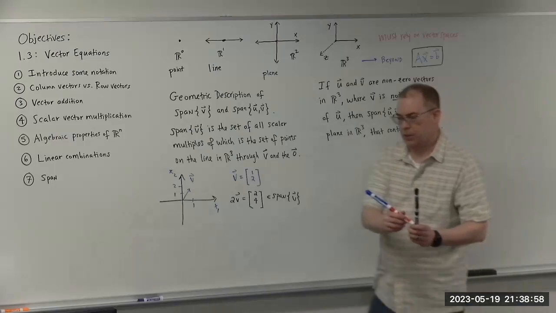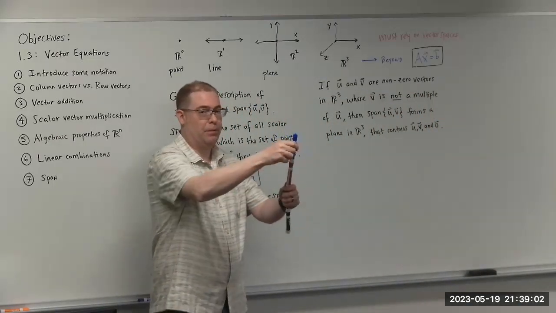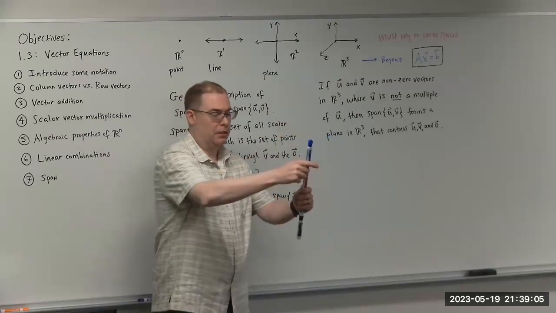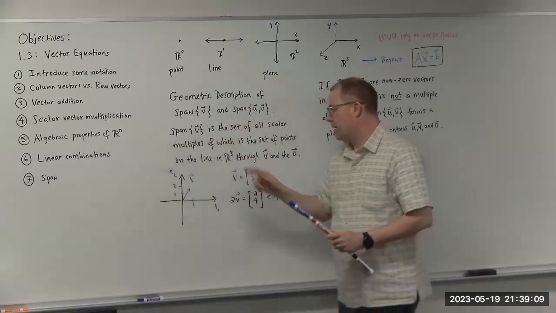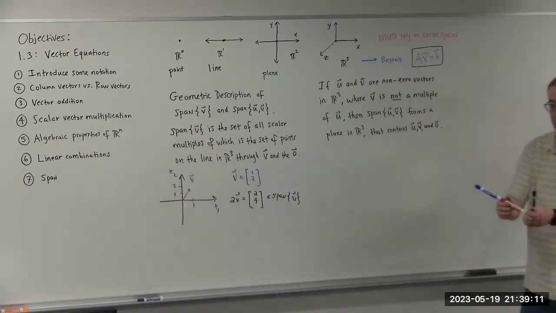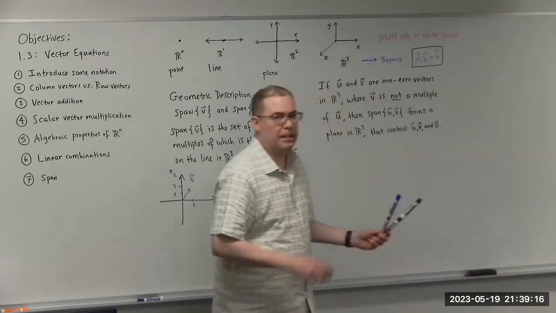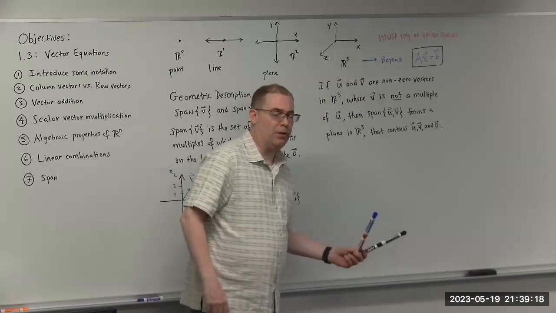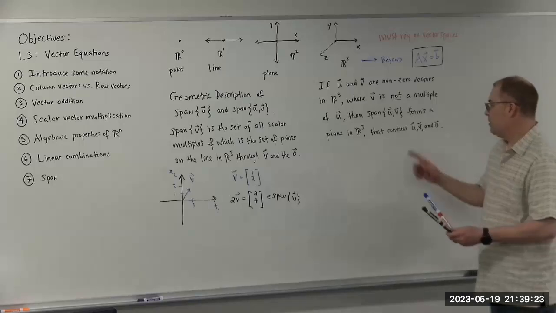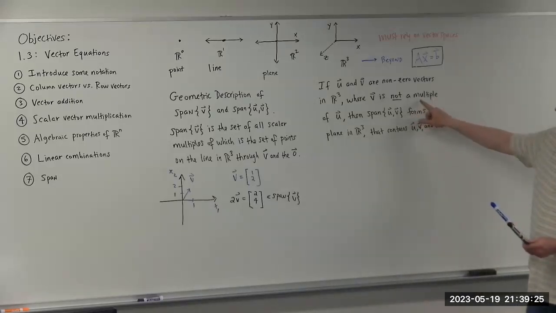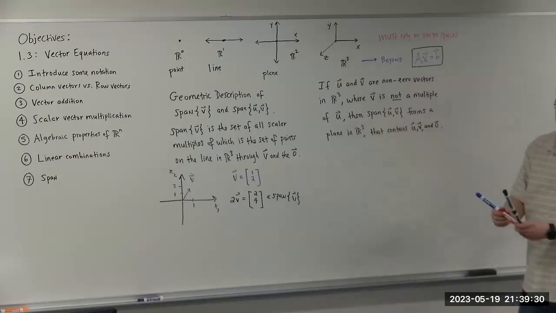If they were multiples of each other, they would be on the same line, and we would go back to the previous case. This idea is going to be important later on when we talk about linear independence. So v is not a multiple of u, then the span forms a plane.